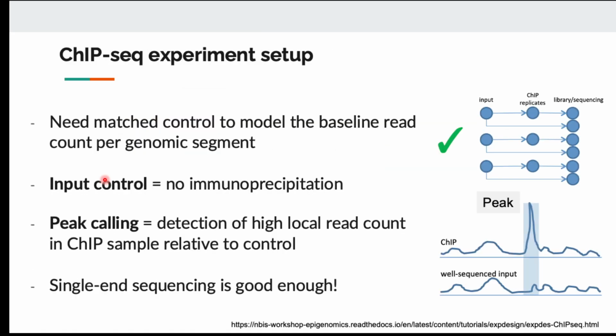So when we design a ChIP-seq experiment, the other thing is, as we will see in the analysis part, for ChIP-seq we need control data. And the control in this case is the DNA sample without immunoprecipitation. Because most of you are biologists, I'm pretty sure you recognize that immunoprecipitation is not perfect.